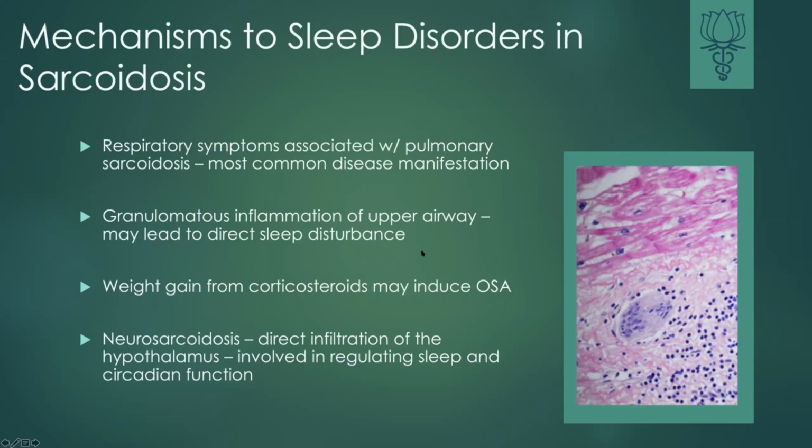In neurosarcoidosis, you can actually have a direct infiltration of these granulomas into a specific part of the brain called the hypothalamus, which is involved in regulating sleep and circadian function. For neurosarcoidosis patients, sleep is really quite a struggle because now it's in a place where that organ doesn't even have its full ability.